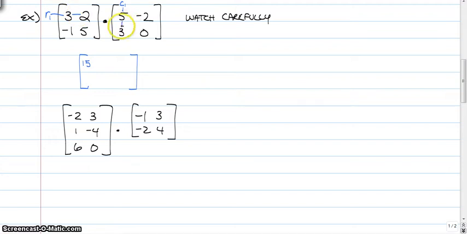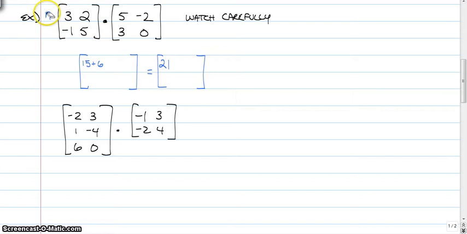As you go down, the next number you get to is 3. 2 times 3 is 6, and you add it to this. You are done with that first step. So 15 plus 6 is 21. Now you have to do that 3 more times until you get every part of the resulting matrix.